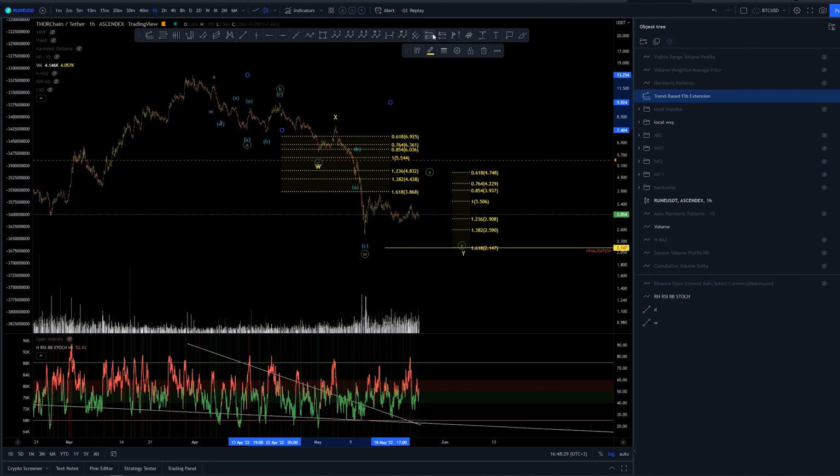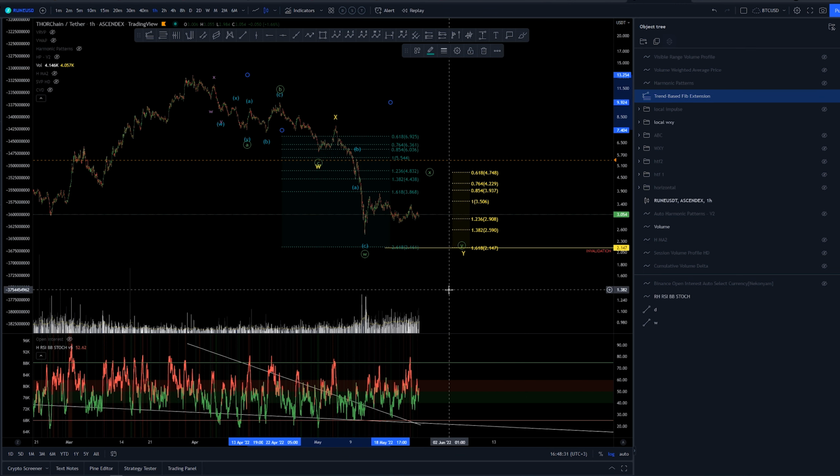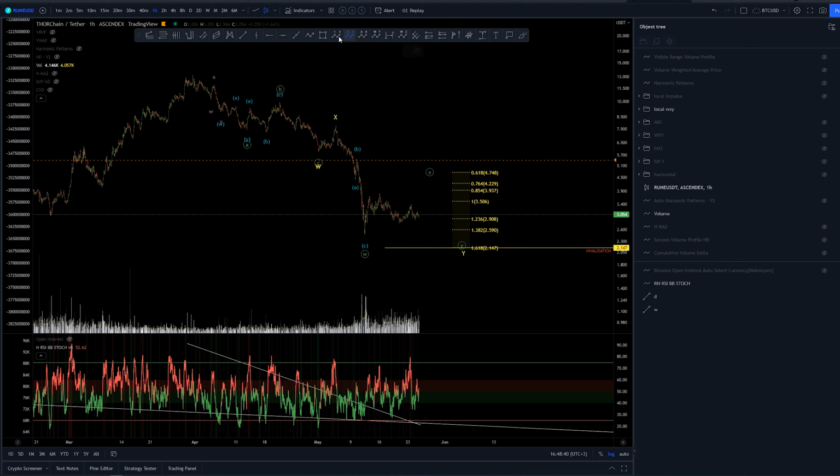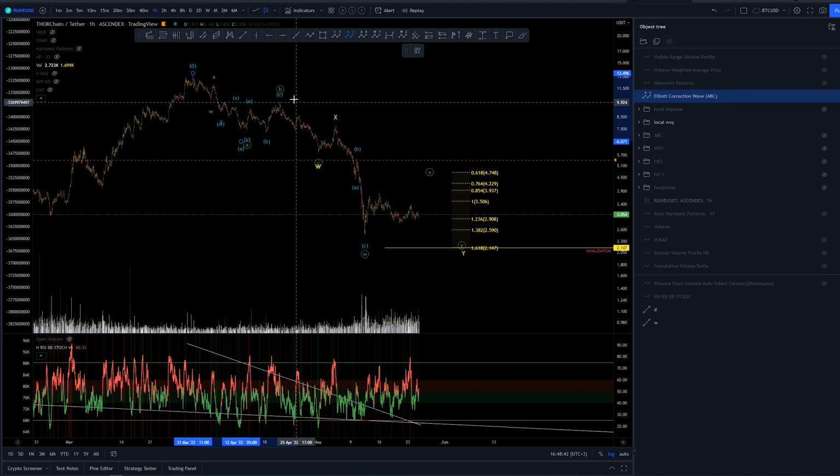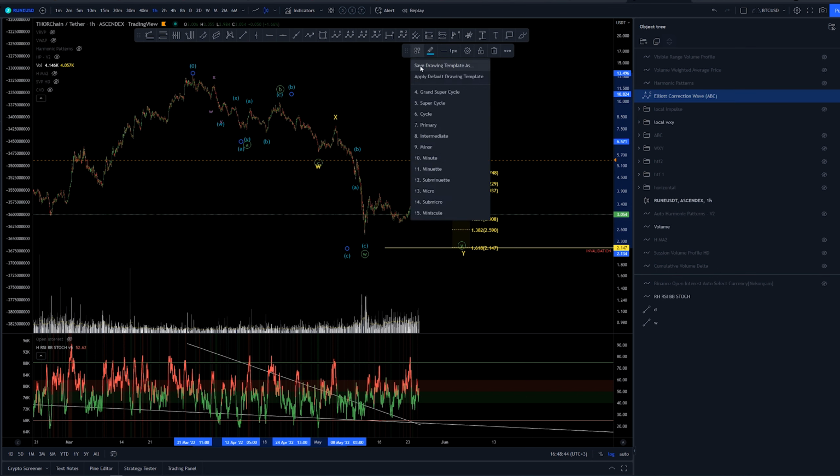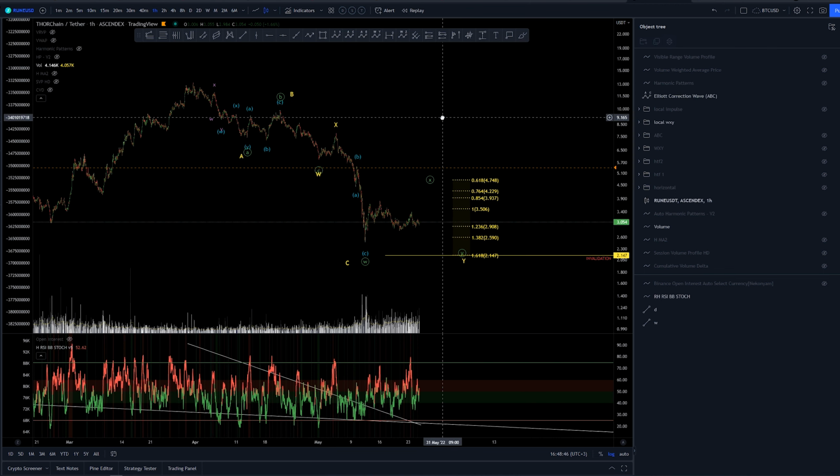Let's see, so we are almost close to the 2.618. This is not ruling anything out, so this is also a possibility, saying that we have an A, B and C coming downwards, and that would be in minor scale.